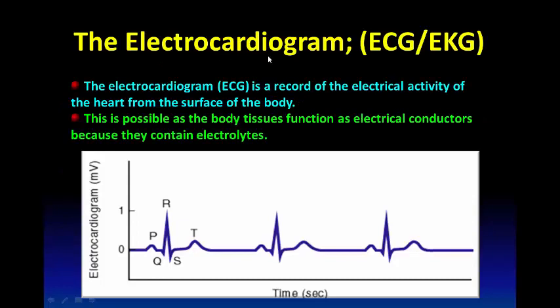The electrocardiogram, the ECG, or the EKG as the Americans say, is a record of the electrical activity of the heart from the surface of the body. We mentioned in the previous lecture, in the lecture on the electrical activity of the heart, that the sinoatrial node, the pacemaker of the heart, generates rhythmical electrical impulses, which we call the cardiac impulses.